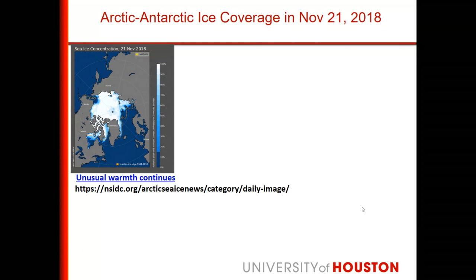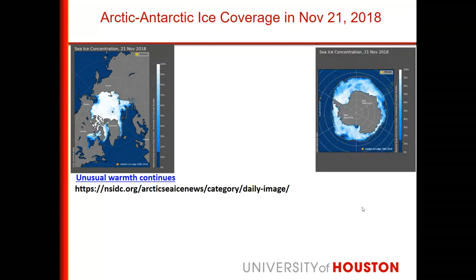So that means the Arctic ice coverage is decreasing very drastically, and the Antarctic coverage also is not very impressive. There also there is a change in the ice coverage in this region.